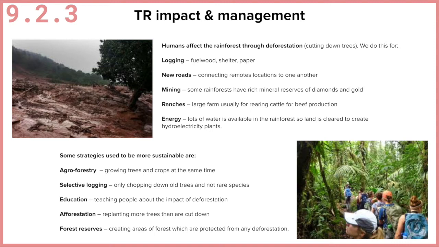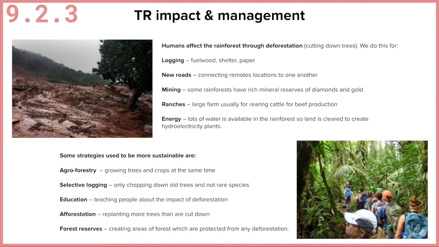That means that not as much of the rainforest is lost. We've also got selective logging. Instead of chopping down every single tree in an area, people chop down only the trees that are of a certain age or are diseased, so they're likely to die soon, or are already on the way to being blown over, for example. And they won't chop down rare species of trees.